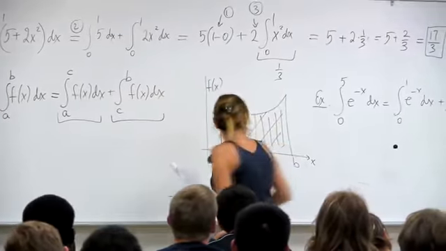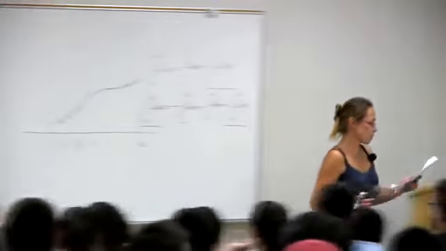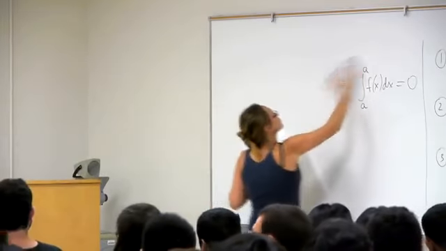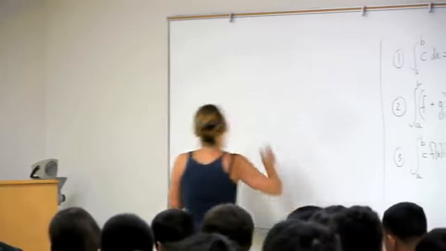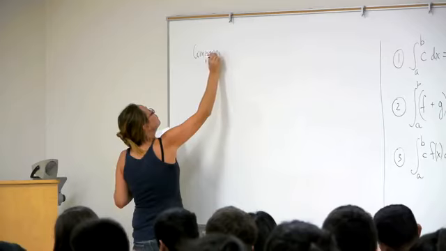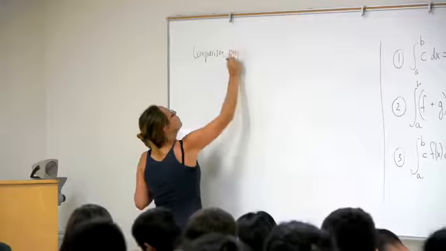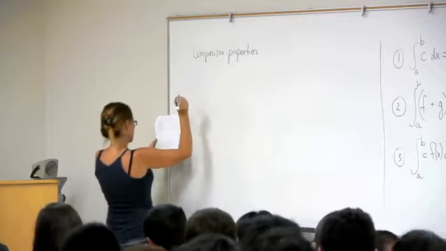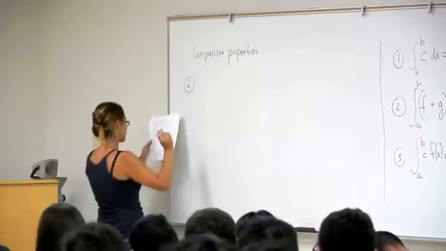Finally, the last group of properties is called comparison properties. They are numbered from 6 to 8.